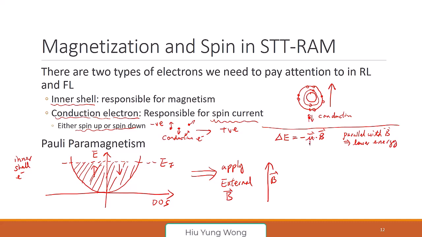But this is the magnetic moment of the electron, okay? And the magnetic moment is opposite to the spin direction in the electron.